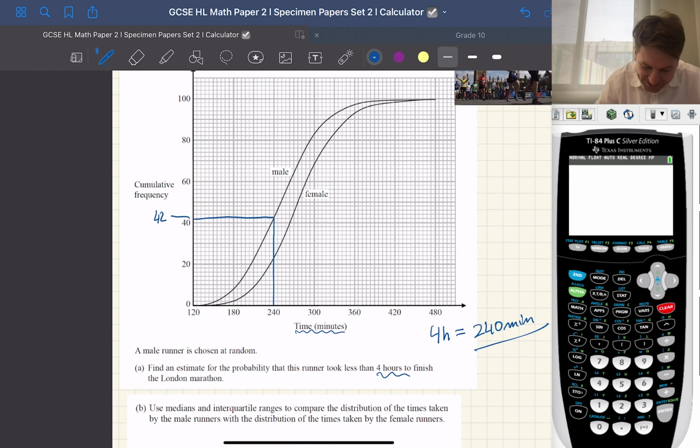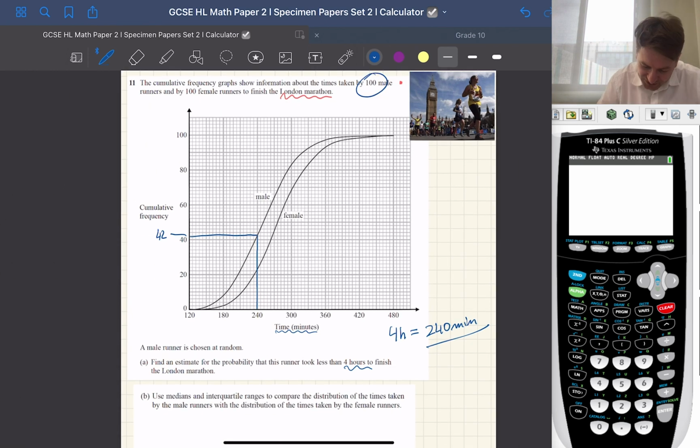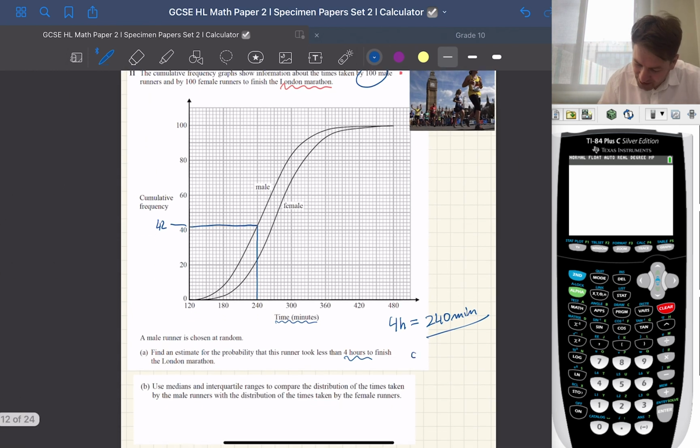Now probabilities out of, we got 100 male runners. Therefore, question A will be 42 out of 100. Make sense, right? There is a bit of a degree of error there that they probably allow, like anything between 40 and 44 maybe.